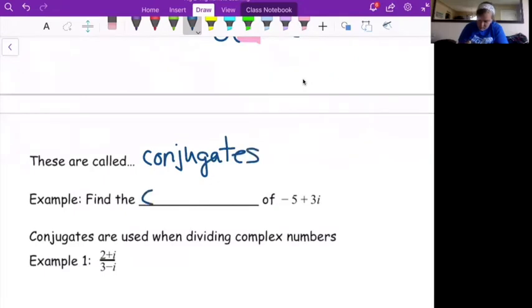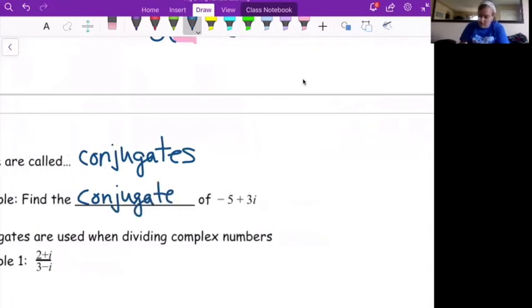So find the conjugate of 5 plus 3i. So the conjugate would be 5 minus 3i. So again, the number in front is staying the same, but then the sign in between is different.